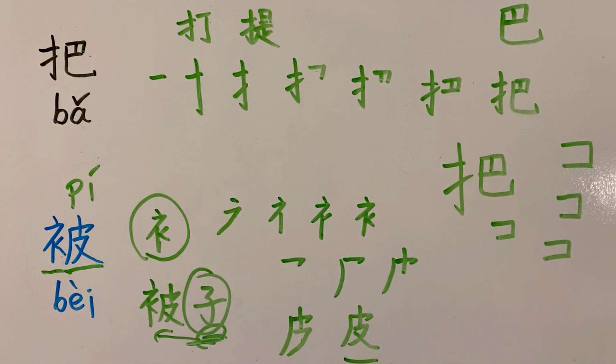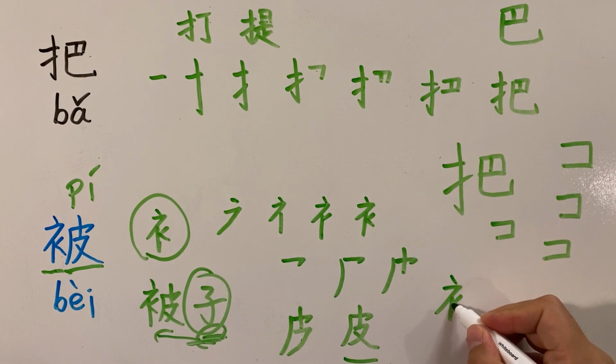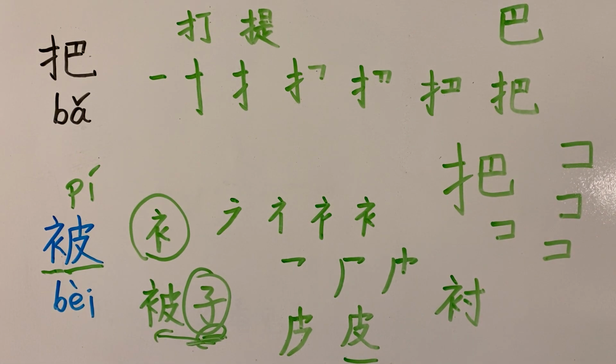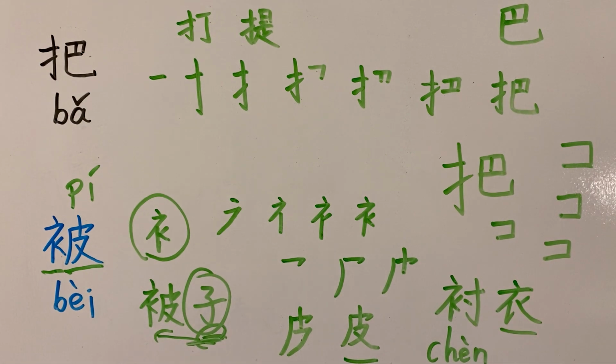For example, this one, 衬. It means shirt. It has to do with clothes, right?